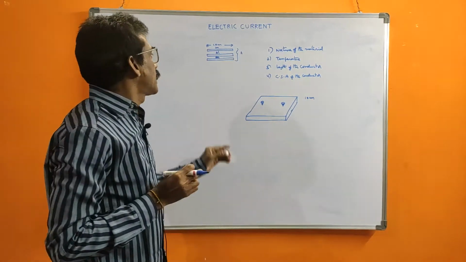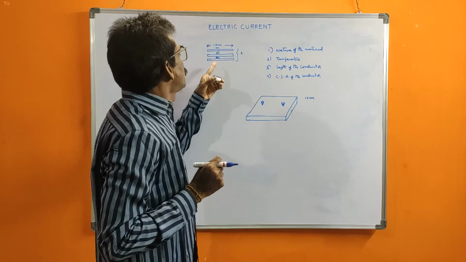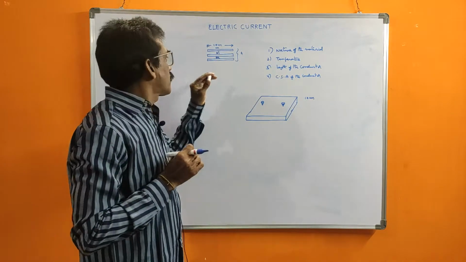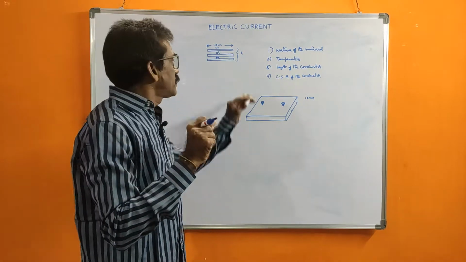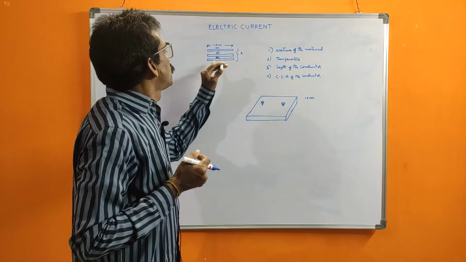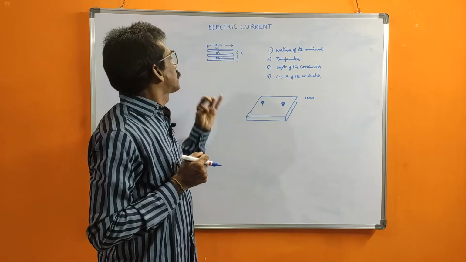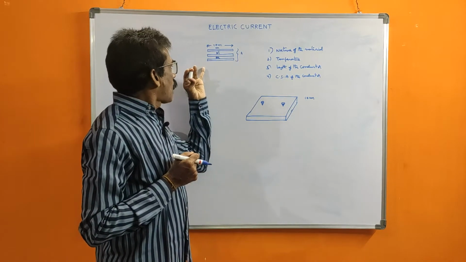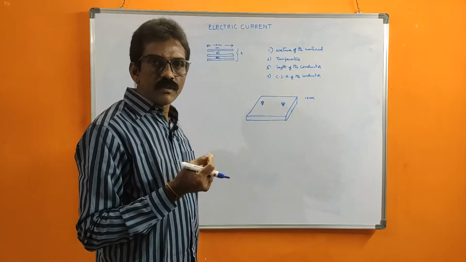Three types of materials: one copper wire, one aluminum wire, one Fe, that means iron wire. These conductors have the same length, 10 centimeters, and the same thickness, that is, the same cross-sectional area. Like that you take three different materials' wires. In this case I took copper, aluminum, iron. Any materials you have, you can take.